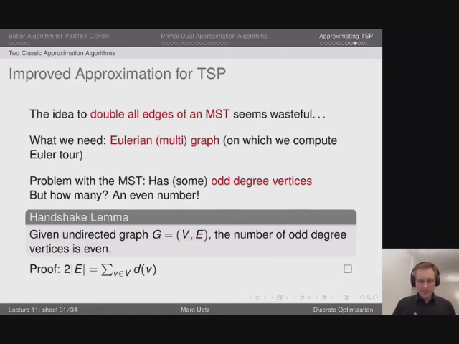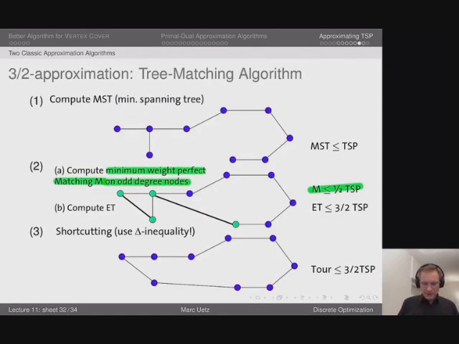And that is actually very nice because it puts us into the following position. So what we can do, I now go back to the example, and here are the 4 odd degree vertices in the minimum spanning tree. And what I can do, since we still know that we have a complete graph, I just pick these 4 vertices, which are now marked green, and since it's an even number, I can compute a minimum weight perfect matching on these odd degree nodes.